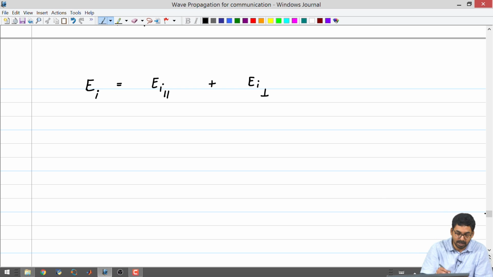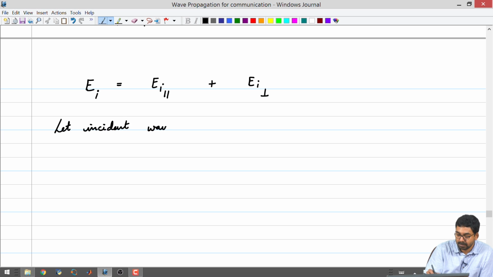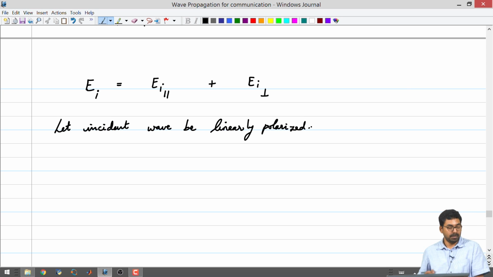Let us say that the incident light is linearly polarized. Okay. Immediately the question comes, we have written EI is equal to EI parallel plus EI perpendicular. Should we also be more generic and say that EI perpendicular and EI parallel can have a phase difference between them, just like Ex and Ey could have a phase difference in the simulations that we saw before?